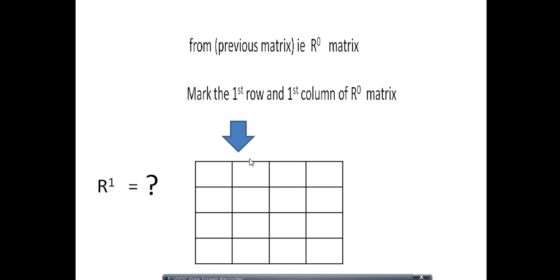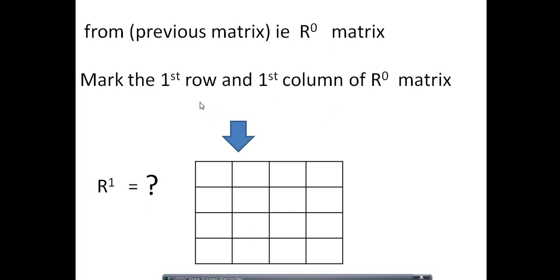Now our aim is to calculate the R1 matrix. How to calculate it? From the previous matrix, that is the R naught matrix, which is nothing but the given weight matrix.